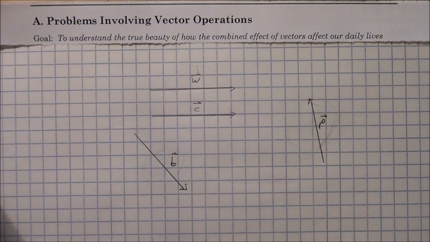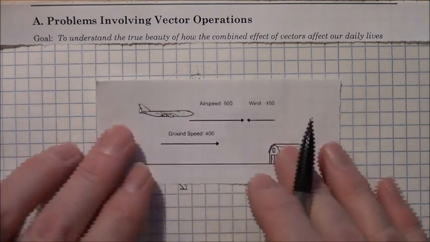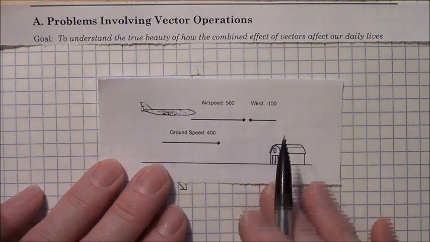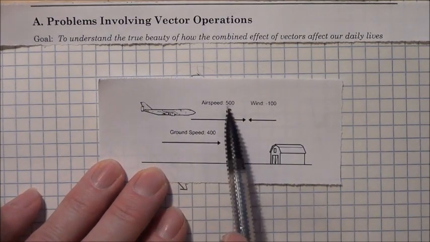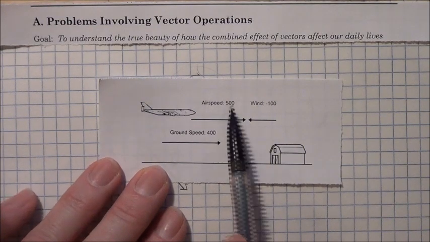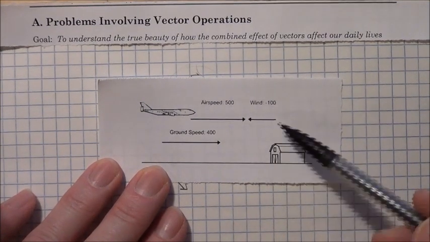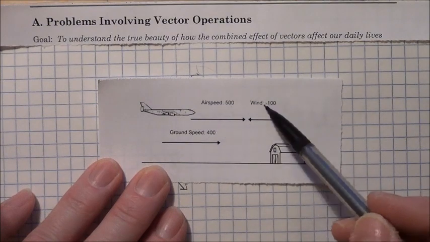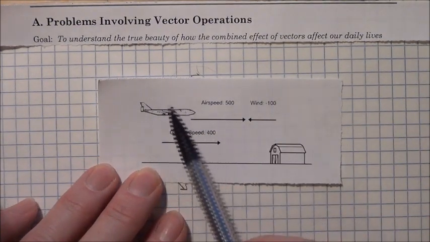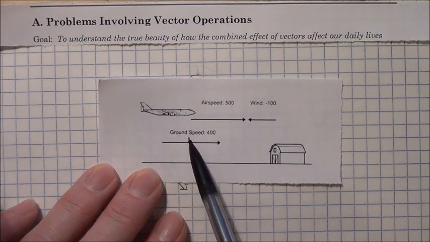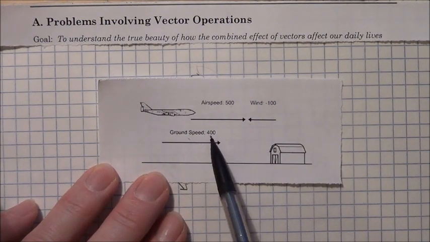Okay, so there's going to be fairly simple situations where we look at, for example, in this case, an airplane traveling, I guess we can call this east, 500 miles an hour, and the wind is blowing west at about 100 miles an hour. Then the resultant speed of the plane with respect to the ground is going to be 400 miles an hour.